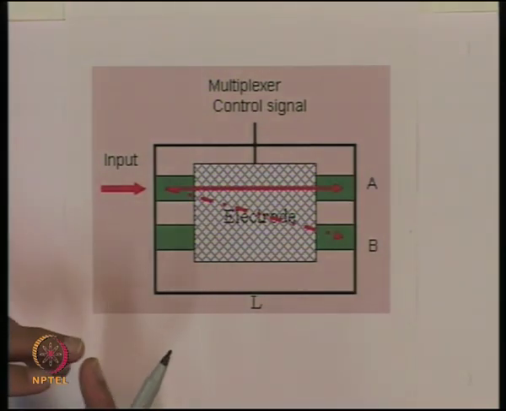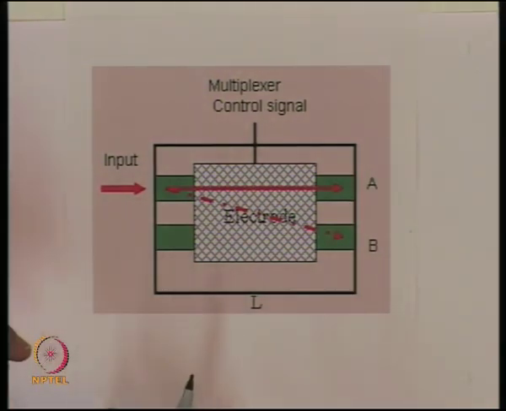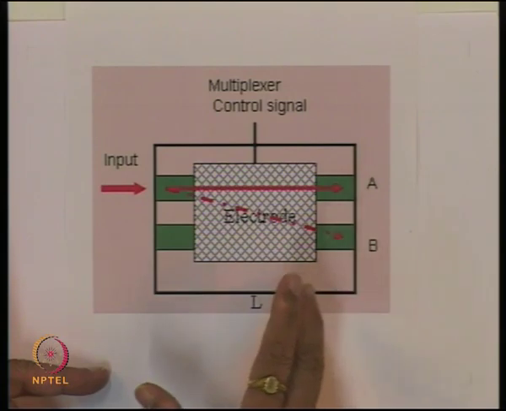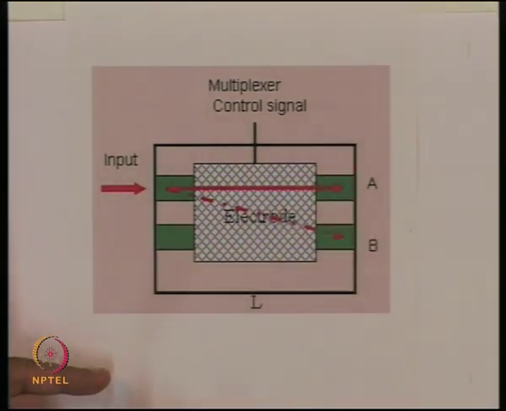Or in other words, we have realized a multiplexer in optical domain. So, I can connect the light from either this port or this port by applying the control signal to the electrode, and then again I can build around this so that I can do the complex multiplexing of the optical signal by giving proper control signals.